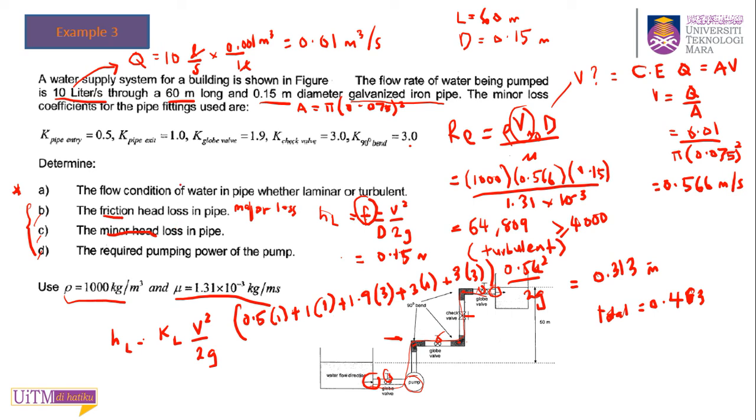But you need to know this total head loss, because you need to find the required pumping power. You can calculate this using the equation from before, W equals Q times P, the pressure loss. That's how you calculate the required pumping power.